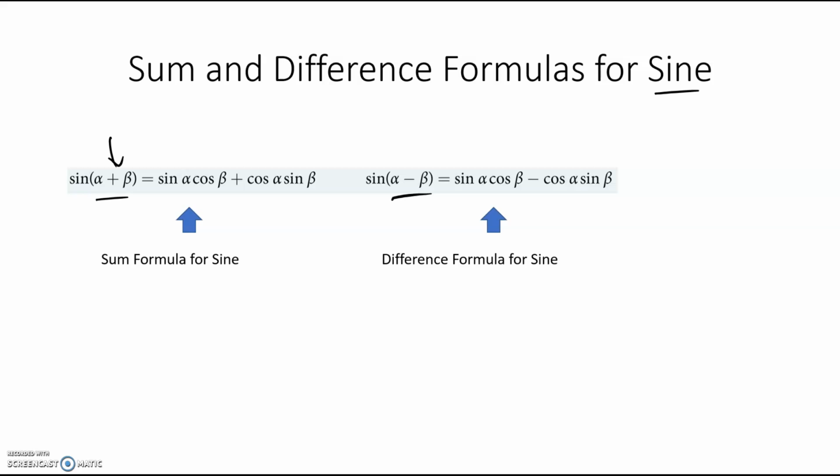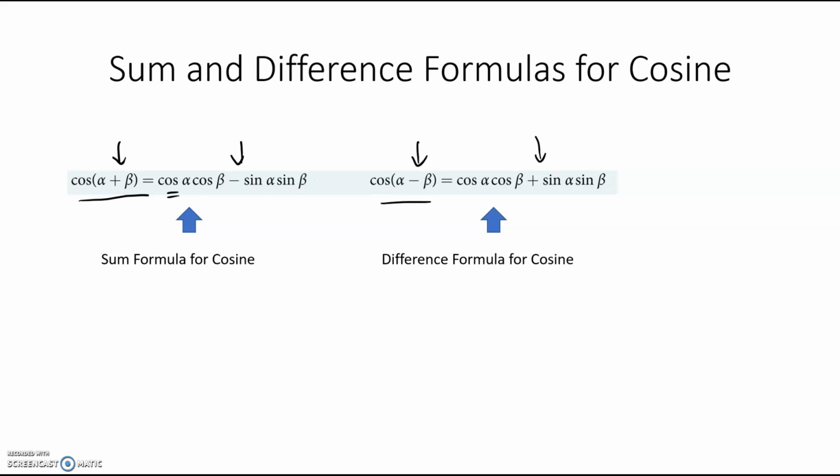Notice if we're adding here, we're adding here. We're subtracting here, we're subtracting here. And these are alternates. You got sine then a cosine, cosine then a sine. Whereas back here for cosine, they were both the same.